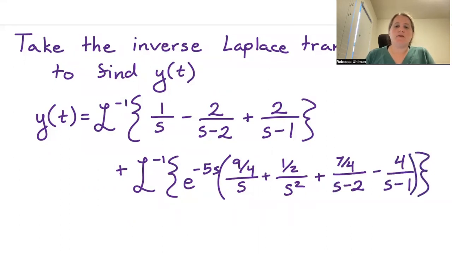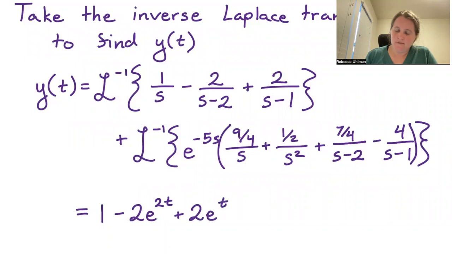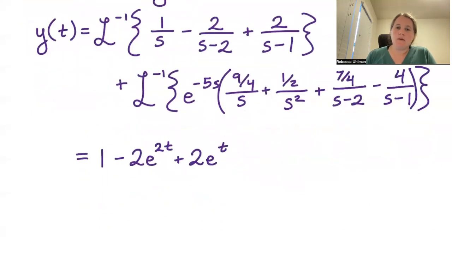So taking the inverse Laplace transform of that first piece, 1 over s would just go to 1. Minus 2 over s minus 2 would be minus 2 e to the 2t, plus 2 over s minus 1 would be plus 2 e to the t. Then we should have a plus u of t minus 5. We have a tau equaling 5 situation here, times the inverse Laplace transform.